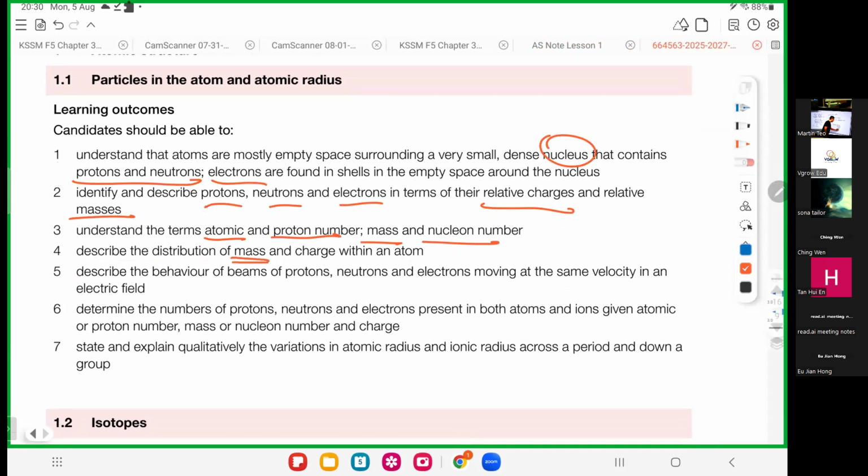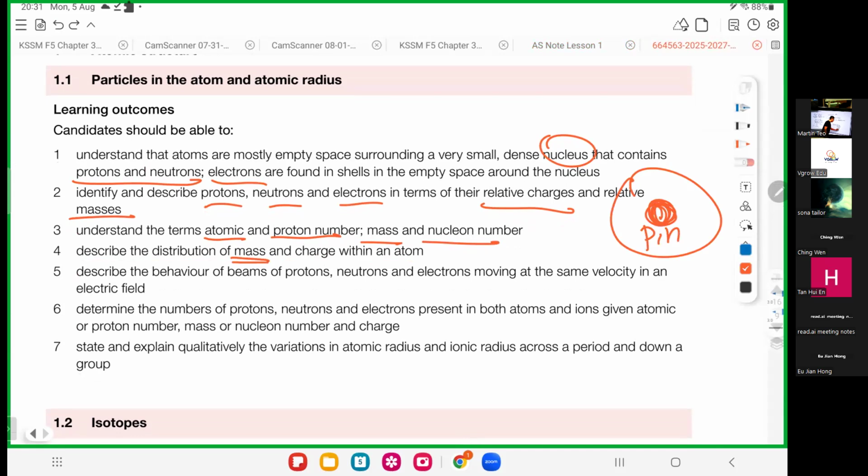The mass is all coming from the nucleus, because inside the nucleus you have protons and neutrons, which is where all the mass is. Electrons are outside the nucleus, and they are so light they don't contribute a lot to the mass.